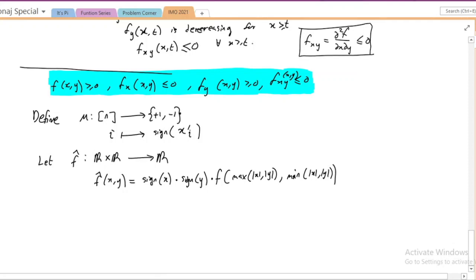Once the function satisfies this property, then it's going to be easy to extract the original f back. So if we swap x and y, we get the same thing, so it's symmetric. That's because we're taking the maximum and the minimum, which will remain the same. Those are the two important details: maximum and minimum. It captured the symmetry.